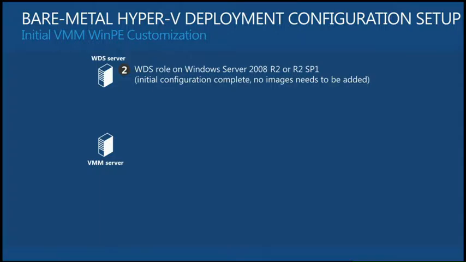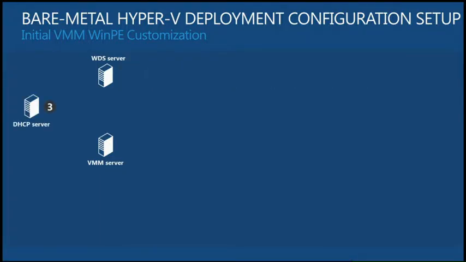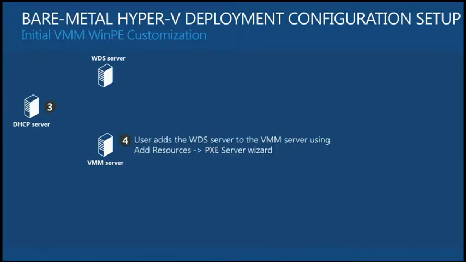The WDS role is what provides the PXE server that you can add then to VMM. You have to have a DHCP server along the way. PXE and DHCP go hand in hand. And then once you have all that, you can add the WDS server to VMM using the Add Resources wizard through VMM.